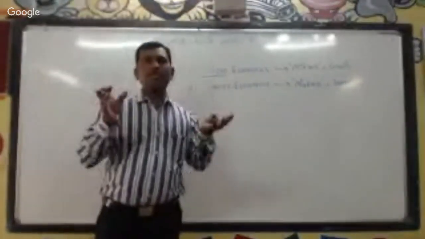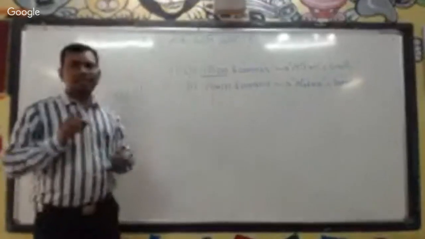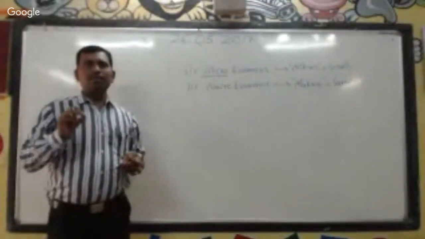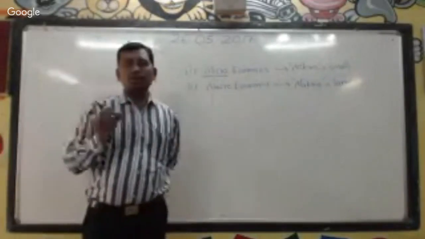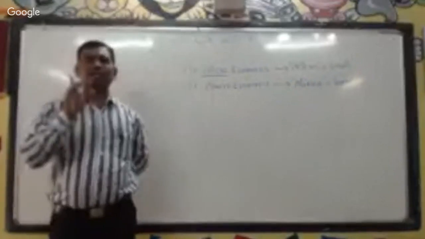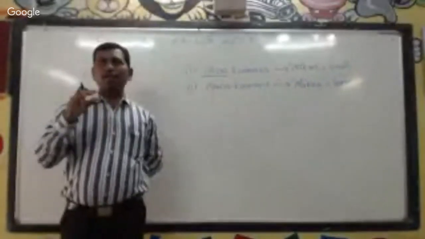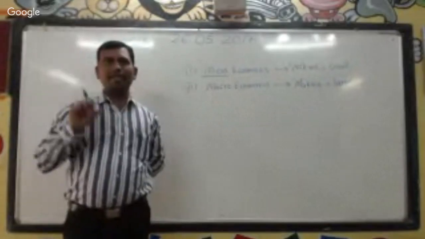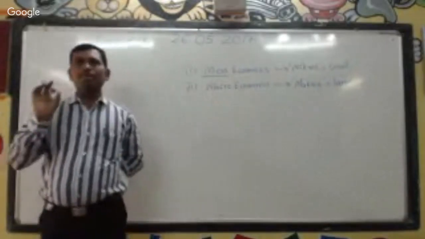All individual units in the economy. As we discussed, what are the individual units here? An individual household. For example, if you are studying a particular household, that comes under microeconomics. Or if you are studying a particular farm or a company, it comes under microeconomics.